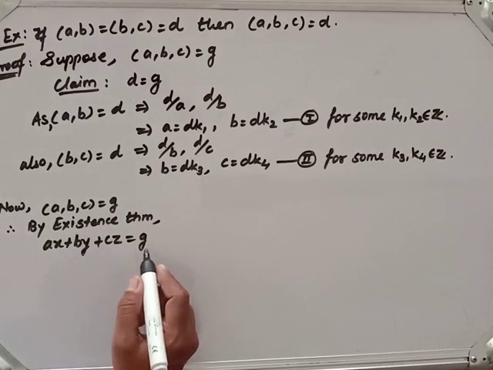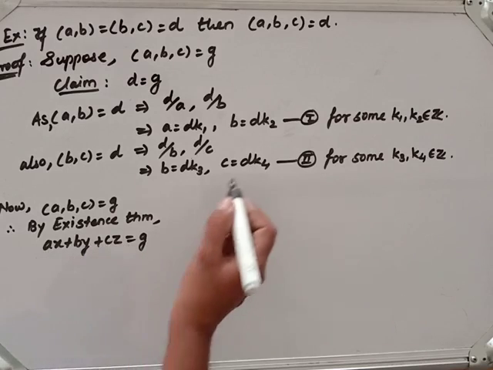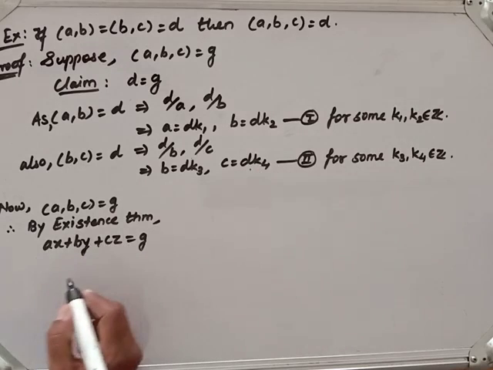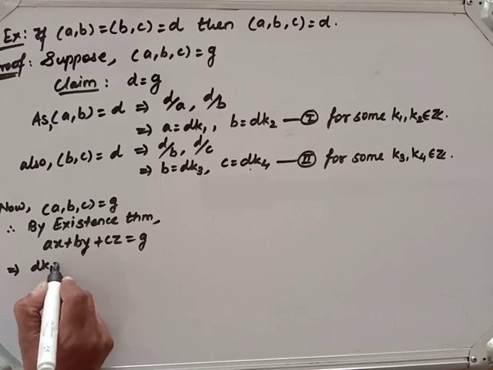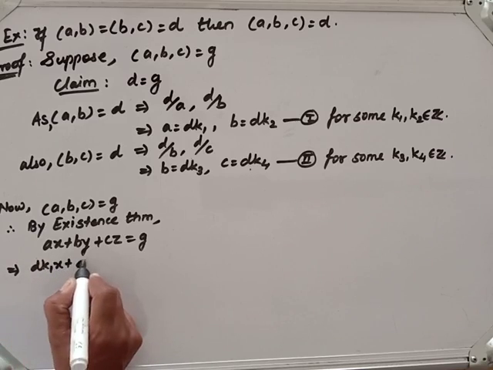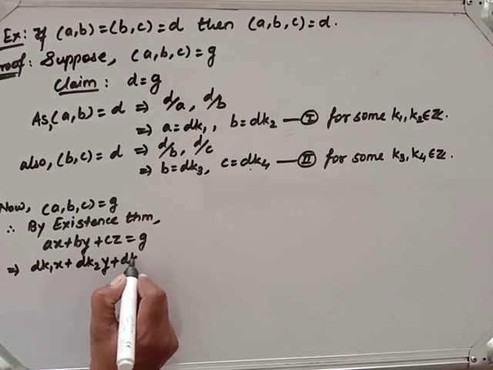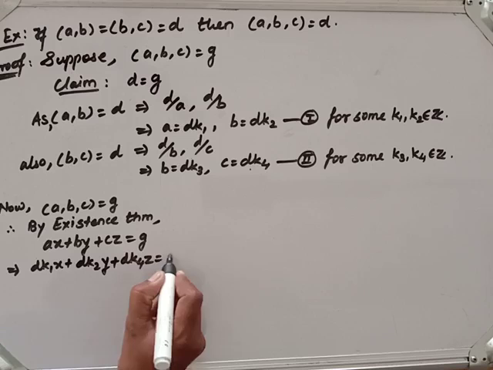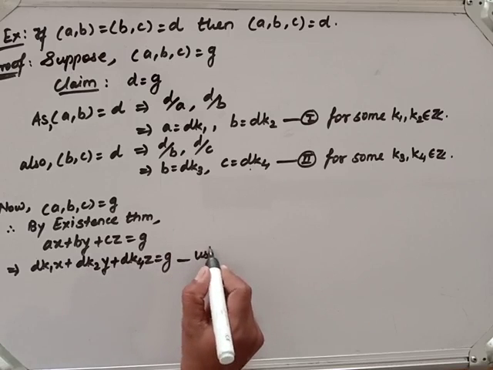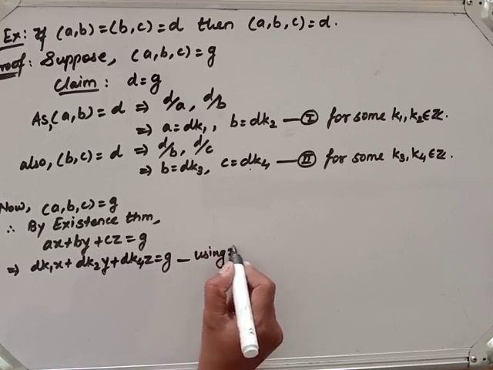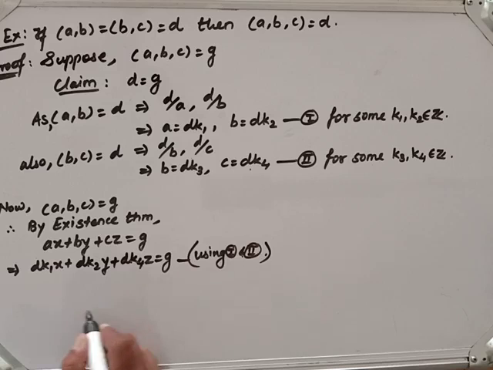That is the linear combination theorem. Now let us substitute the values of A, B and C from equations 1 and 2. So that gives dk1x plus dk2y plus dk4z, that is equal to G, using 1 and 2. This is the reason for this step.